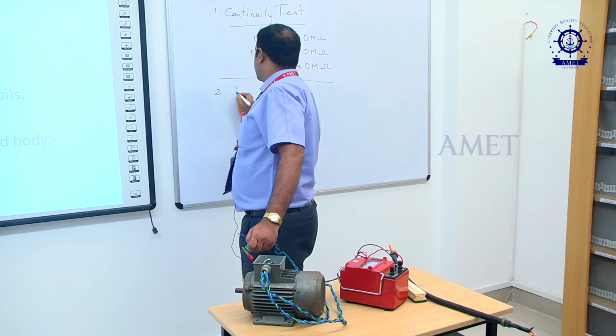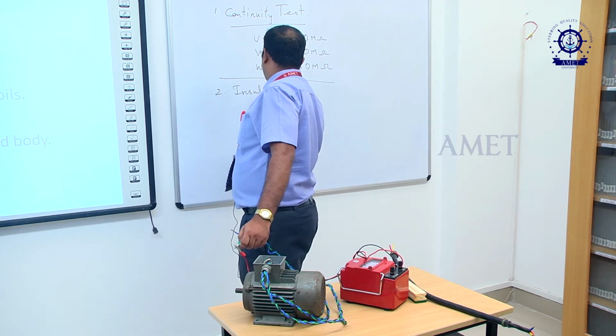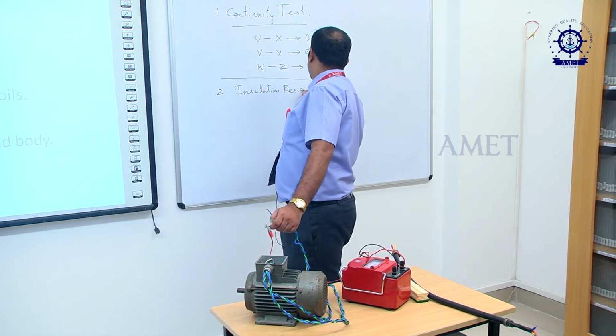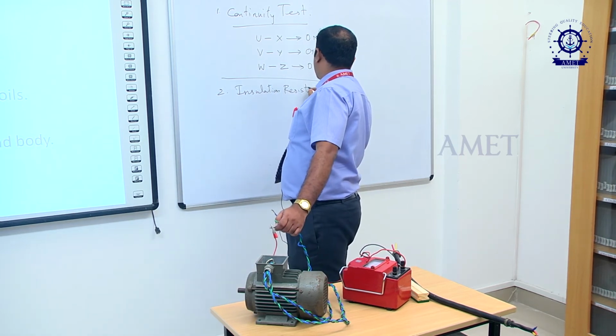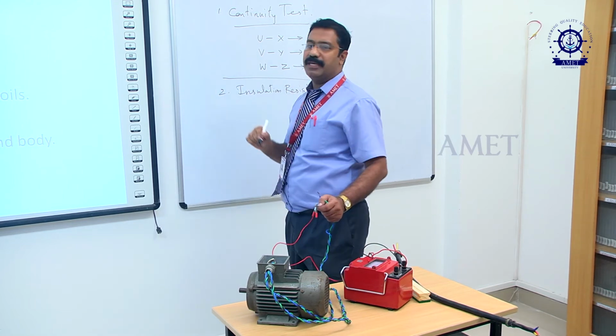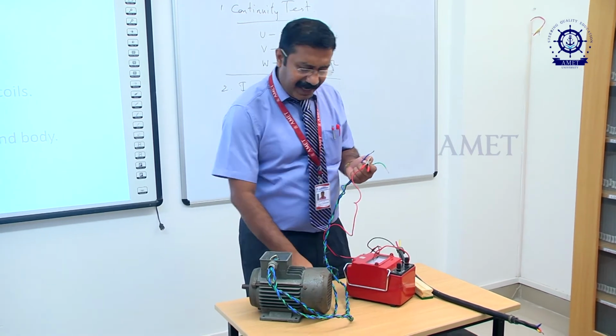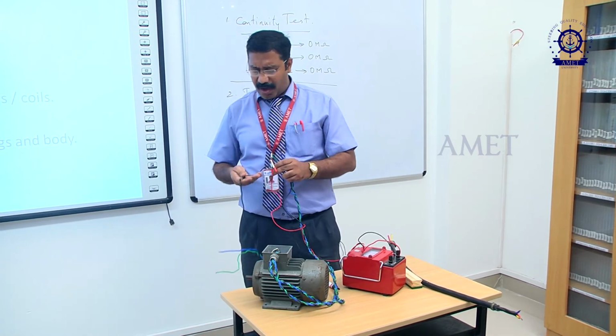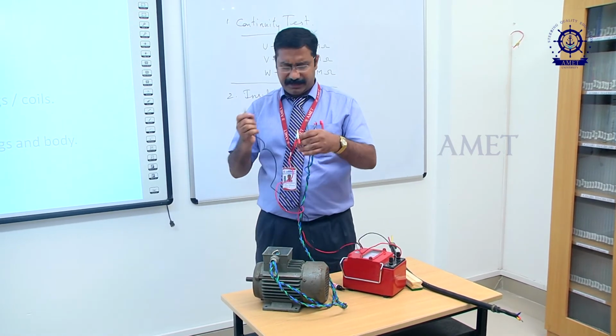Second, insulation resistance must be measured. To measure insulation resistance, I have to take any one set of winding terminals. I can take the starting winding terminals or the ending winding terminals.